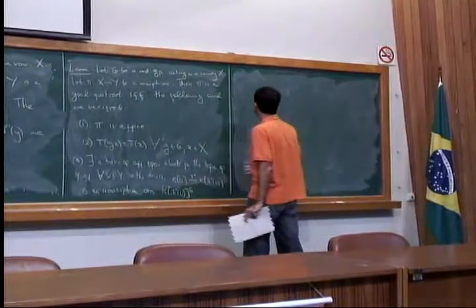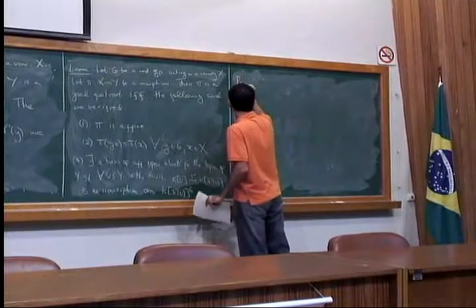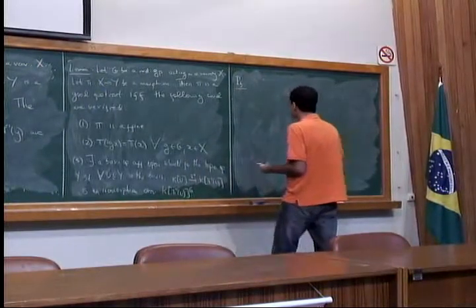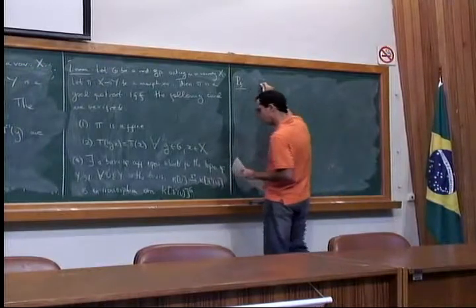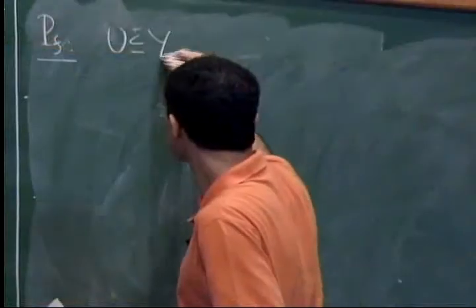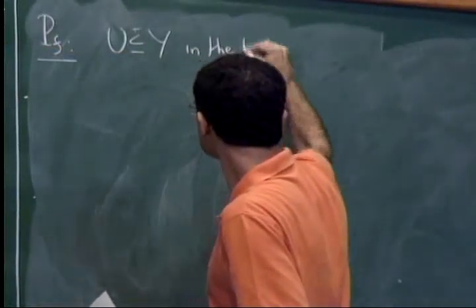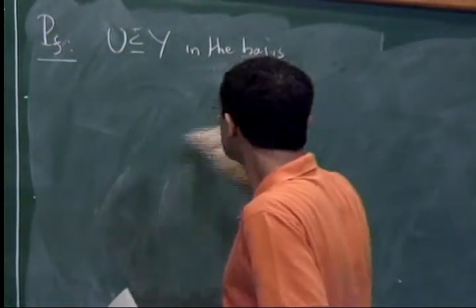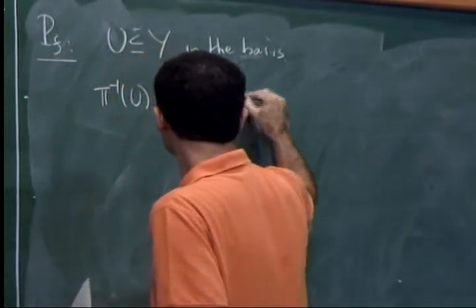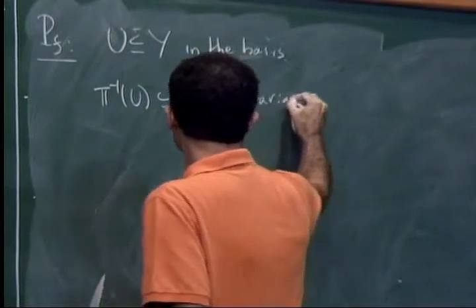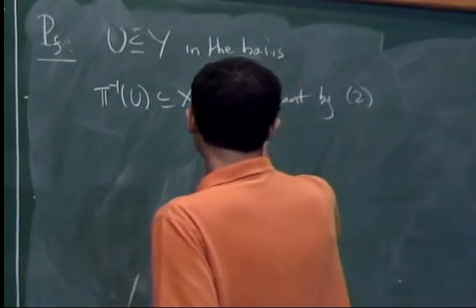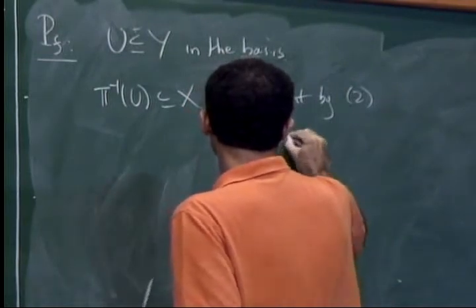And the proof is simply to observe that if we pick an open set in the basis, then the inverse image is invariant by 2 and affine by 1.